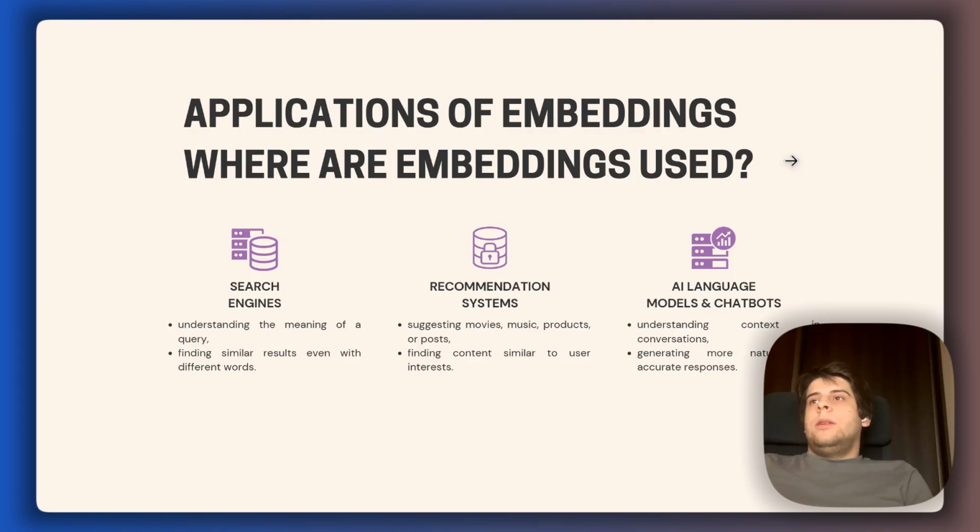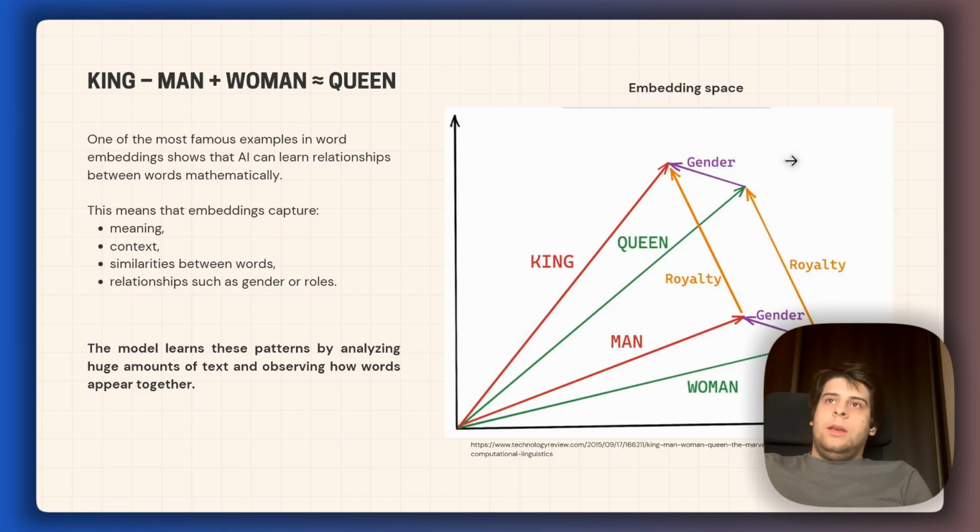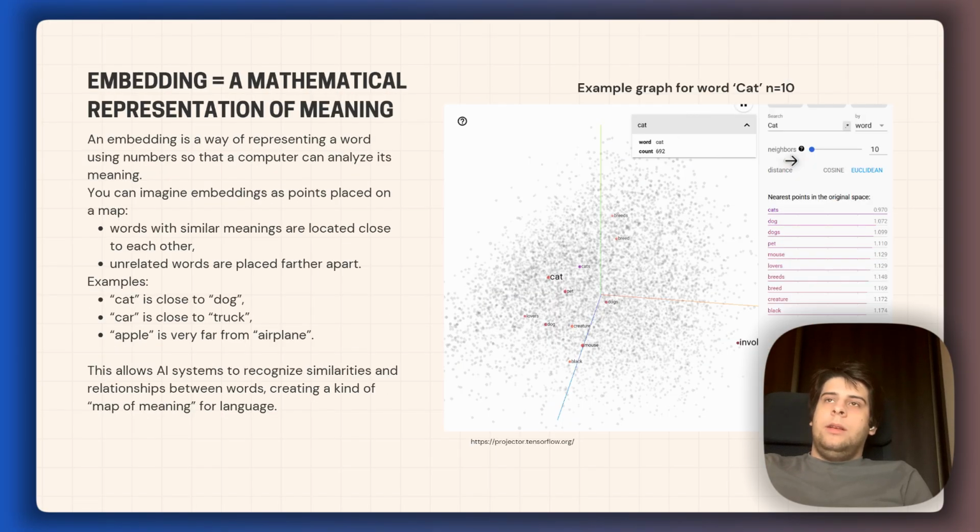The second one is recommendation systems, because as I showed you on the graph, you can imagine that we can search, for example, the phrase: what are the best shoes from Nike, and operating on a large enough base of Nike products, we can actually recommend to the user some nearest results.